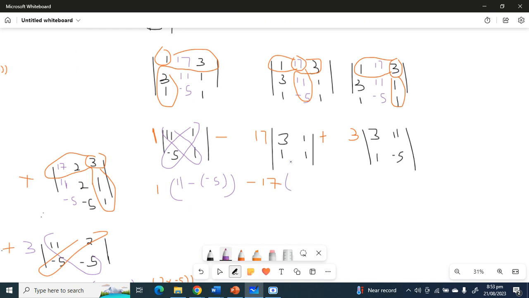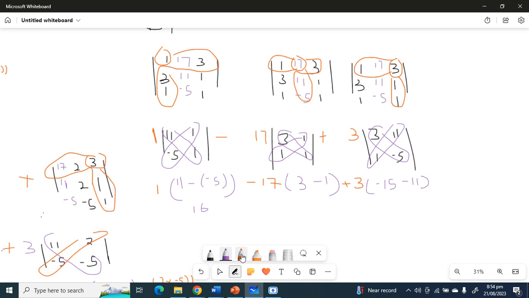Again, also here, we're going to say leading diagonal, 3 times 1, that is 3, minus the trailing diagonal, 1 times 1, that is 1, plus 3. 3 times -5, that is -15, minus 11 times 1, that is 11. 11 minus -5 is the same as 11 plus 5, that is 16.